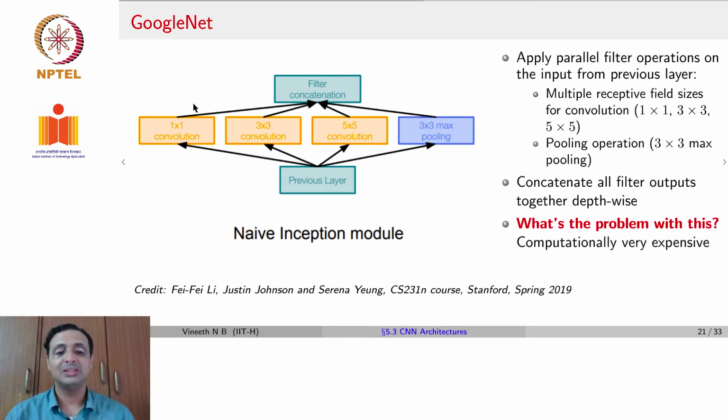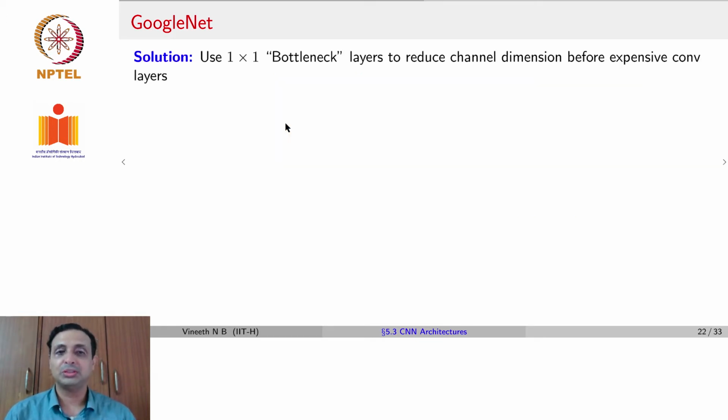And now when this Inception Module does this across a 1x1 convolution, a 3x3 convolution, a 5x5 convolution simultaneously, and then concatenates, things become even more computationally expensive. So what did they do? They introduced something called a 1x1 bottleneck layer to reduce the channel dimension before expensive convolution layers.